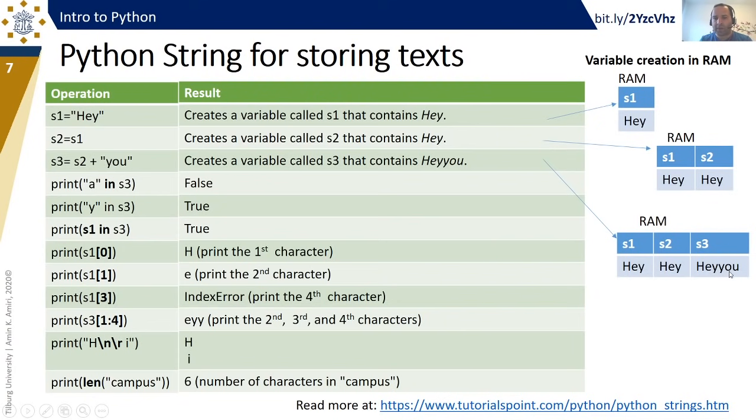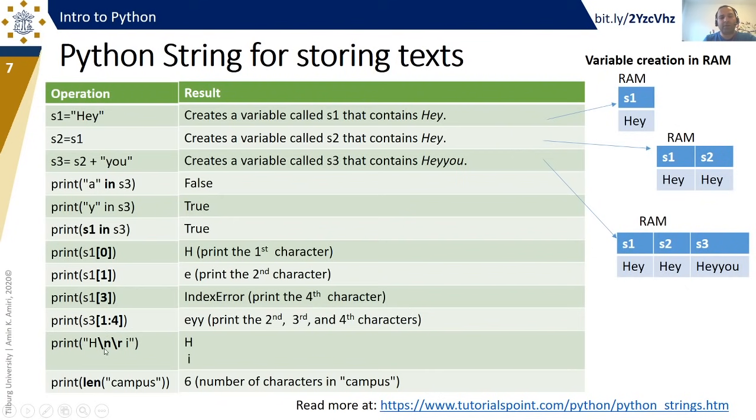The fourth character is not included here. So the result would be EYU. So it prints the second, third, and fourth character in the human world. In the Python world, it returns the first, second, and third index.